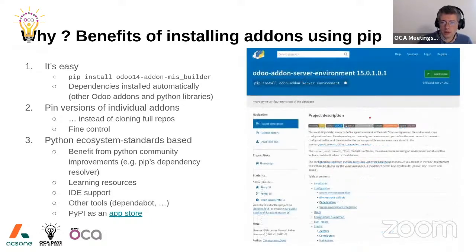And for each one, you get a nice presentation with the README, the version summary, the link to the repository, and so on and so on. And so we really leverage what the broader Python community is doing, and we don't need to reinvent our own wheels in the Odoo community, which is unfortunately a tendency we have.